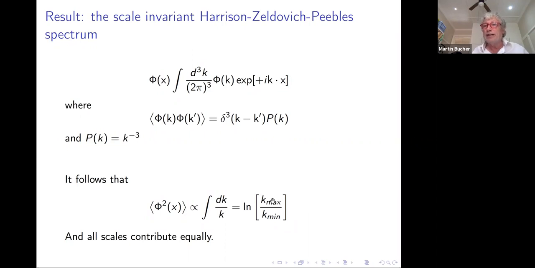logarithmic divergence. So should we be worried about the logarithmic divergence? Well, if you think about it carefully, you're looking at distance differences in the potential. So the low k part, well, that's because there is no average.